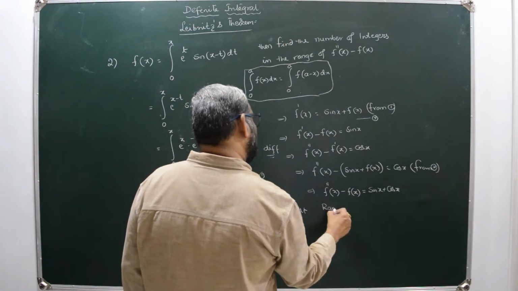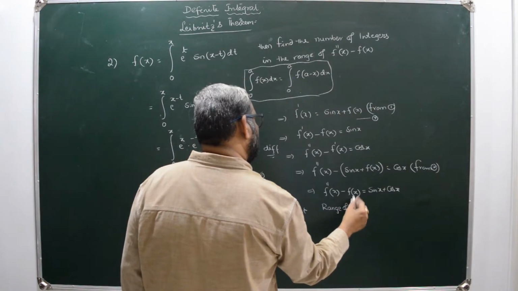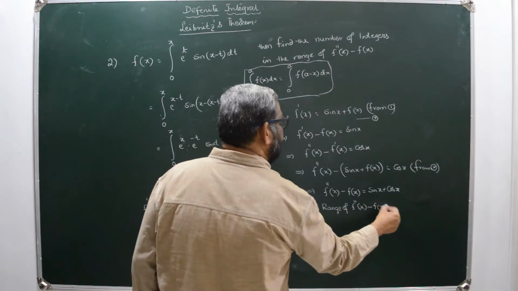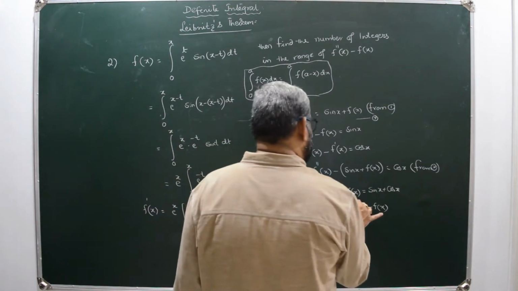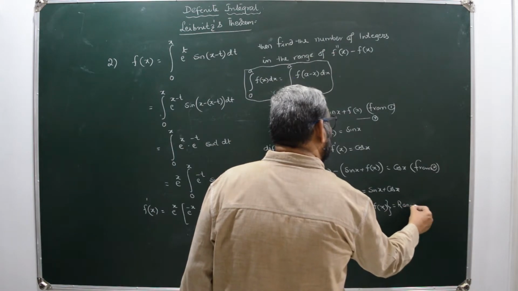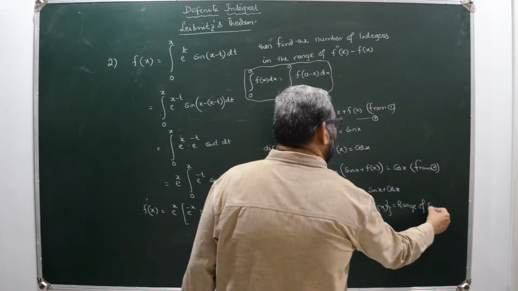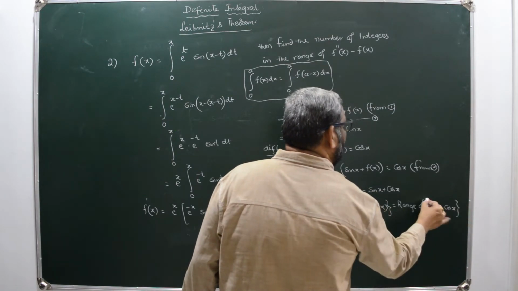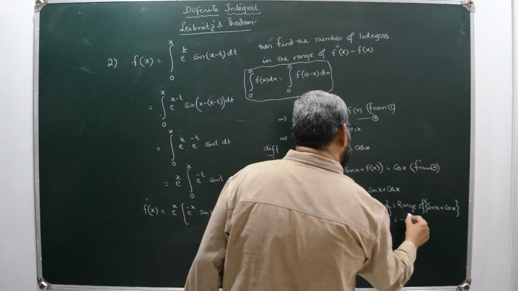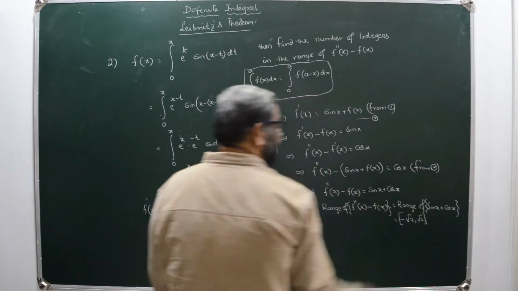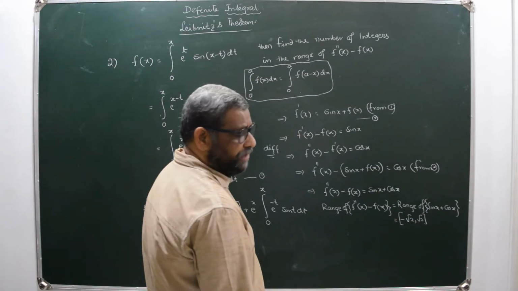Range of f''(x) minus f(x) is equal to range of sin x plus cos x. This is nothing but minus root 2 to root 2 closed. Between this, minus root 2 means minus 1.414.